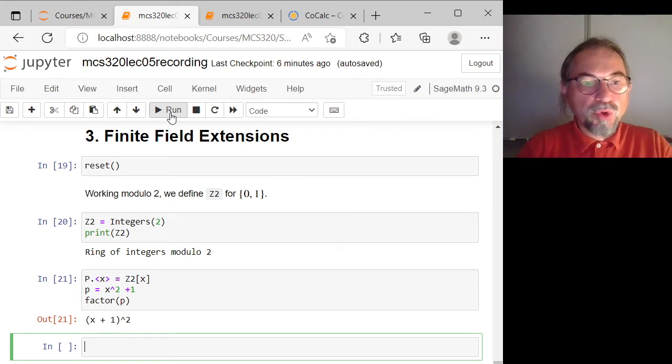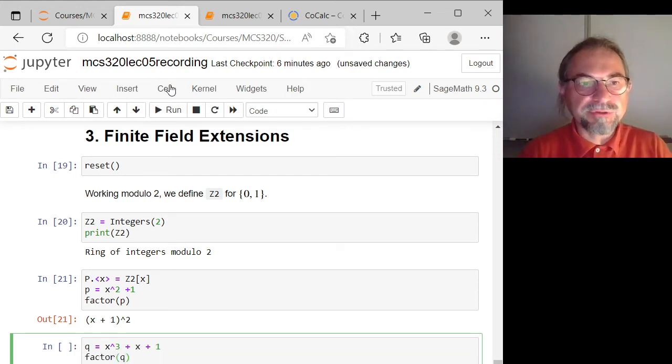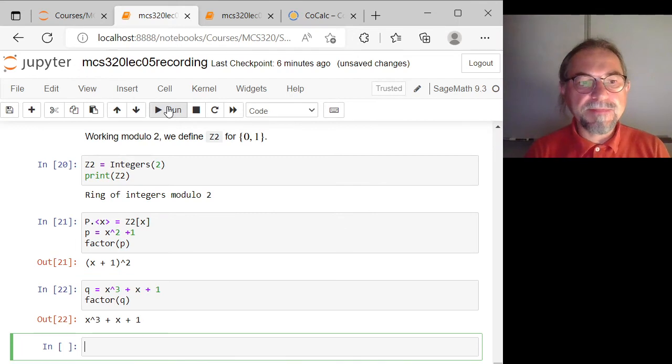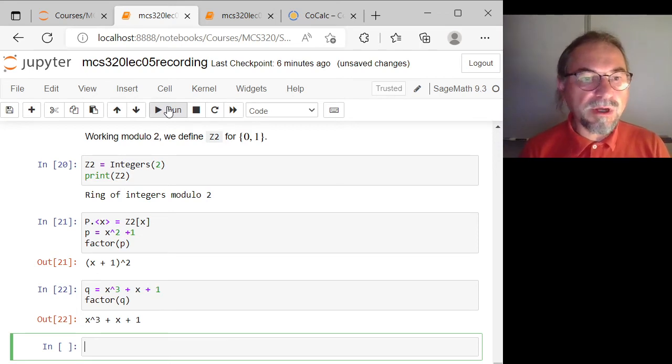Okay, so a polynomial that doesn't factor is x to the power 3 plus x plus 1. So this polynomial does not factor. And this is a polynomial that we can use for the root. This is the polynomial that we can use to extend the number field.